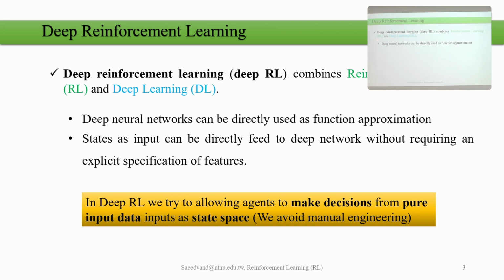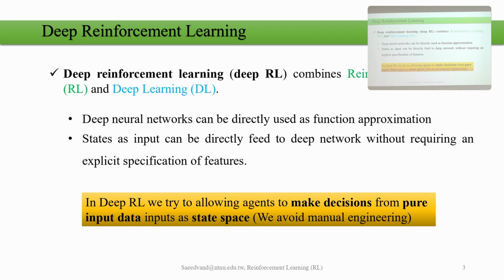A deep neural network can be directly used for function approximation. Also, the state as input can be directly fed to the deep network without requiring an explicit specification of the features of the environment that we have.